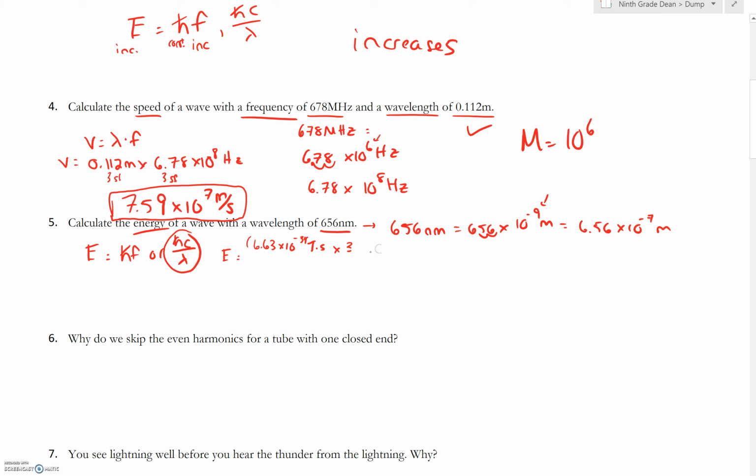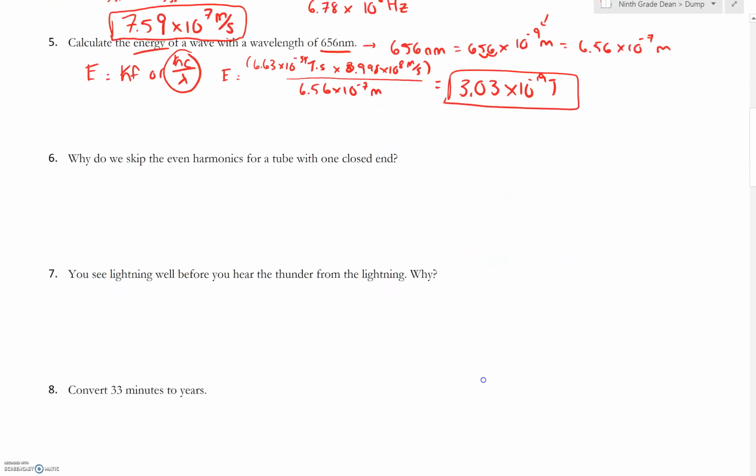Actually, I'll use 2.998 because that's what I did in the key. 2.998 times 10 to the 8 meters per second. Okay. I'm going to divide that by the wavelength, which is 6.56 times 10 to the minus 7 meters. And then I'm going to get, once all the rounding and everything shakes out, 3.03 times 10 to the minus 19 joules. Okay? That's the answer. Okay, this one, most of you all got this one.